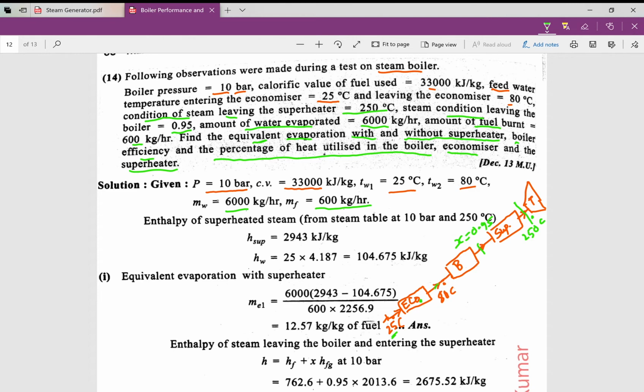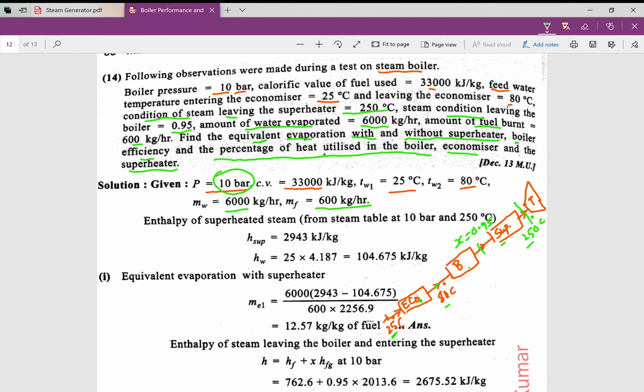At the outlet of economizer we get temperature 80 degrees centigrade. Then this hot water is supplied to boiler. In the boiler itself, due to burning of fuel, steam is produced having dryness fraction 0.95. Then this wet steam goes to superheater. This superheater produces superheated steam having temperature 250 degrees centigrade at pressure given 10 bar.